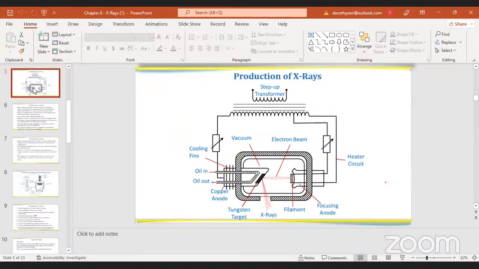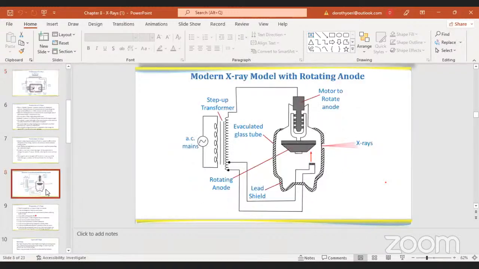I think I've talked about almost everything: the filament is heated, electrons are produced. I've talked about why the cathode is concave, and I indicated, please, this is a focusing cathode, not a focusing anode. So we were at the modern X-ray tube, which rotates.